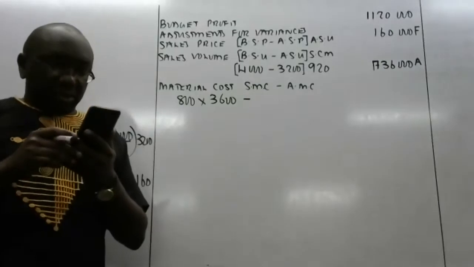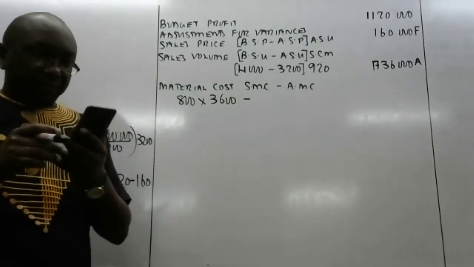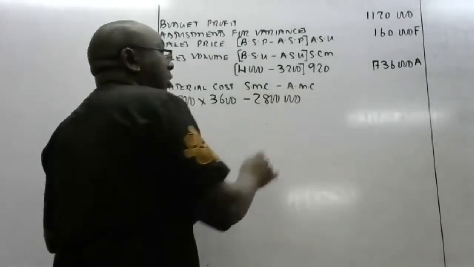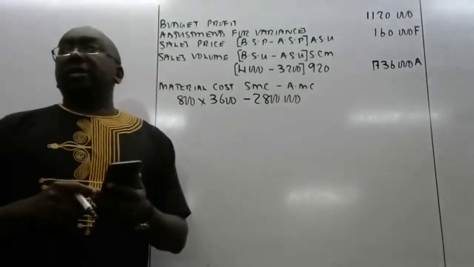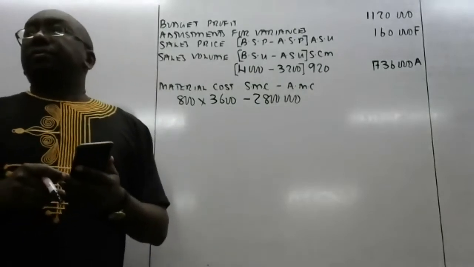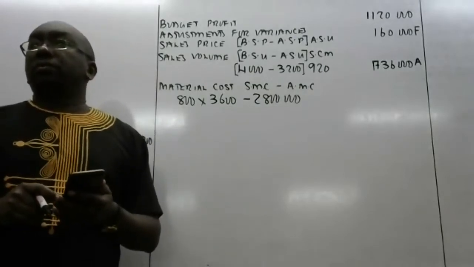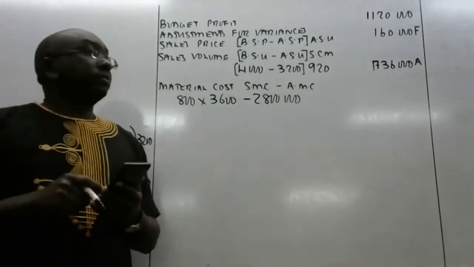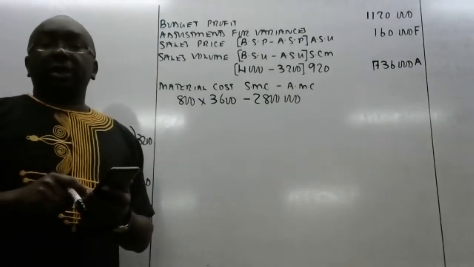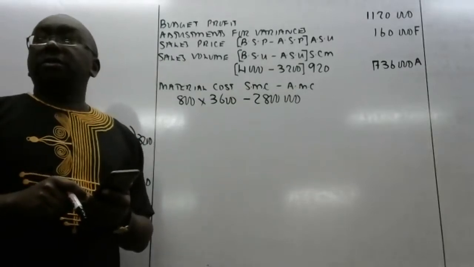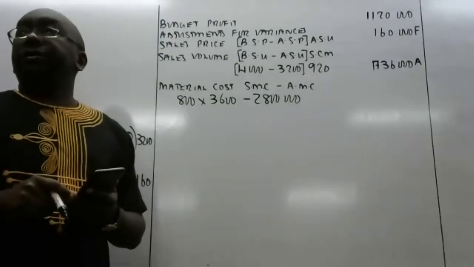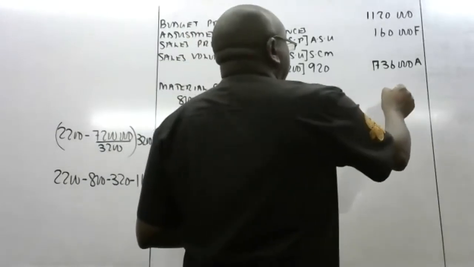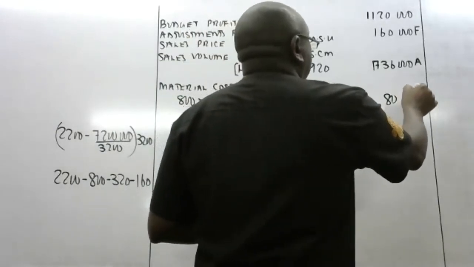Going down to the actual results, you get 2,800,000. That gives us 8,000.